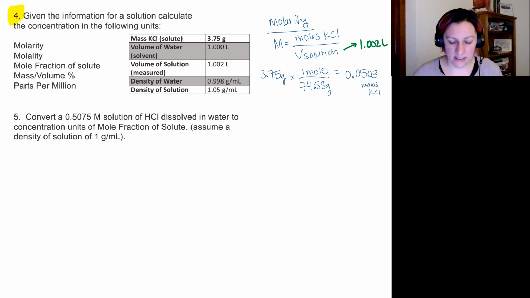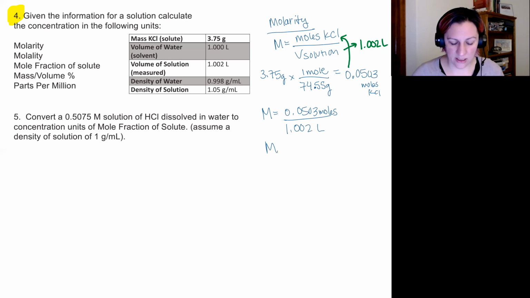So now I can input that number, that value, up here. So when I calculate my molarity for this solution, it's going to be that number of moles that I just calculated, my 0.0503, divided by my volume of my solution, which is 1.002 liters.